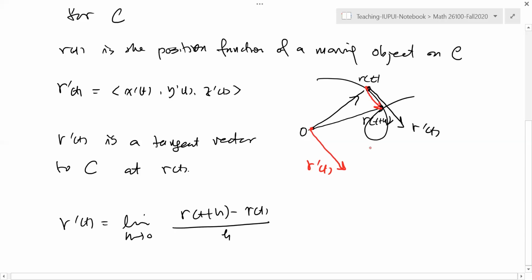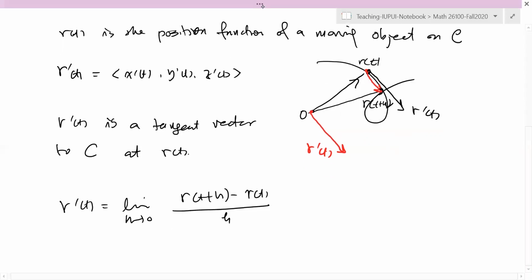Otherwise, without h in the denominator, as h approaches 0 this gets smaller and smaller and the limit would be 0. If you divide by h, it approaches a vector, and it is reasonable to call it a tangent vector.